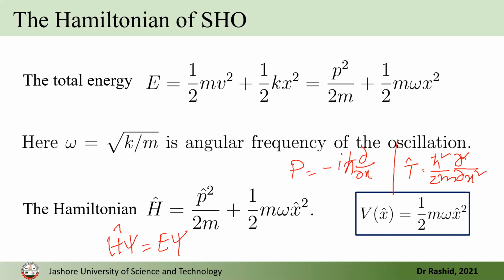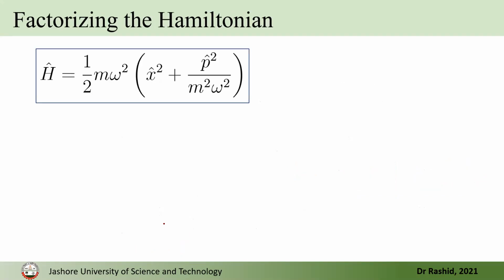But for that, we need to manipulate or rewrite the Hamiltonian in a way so that we can get to the first order differential equation. In today's lecture, we will show how to factorize the Hamiltonian and how to solve the quantum harmonic oscillator algebraically so that it involves only the first order differential equation.